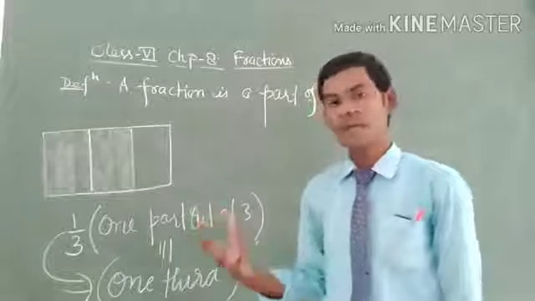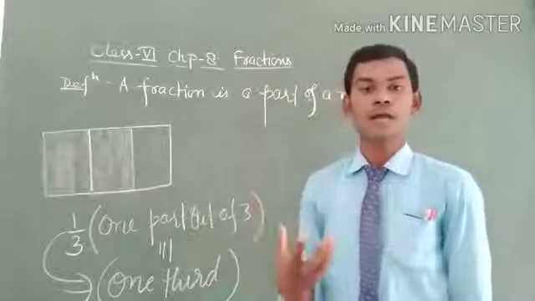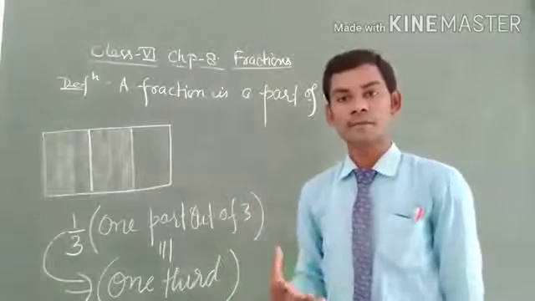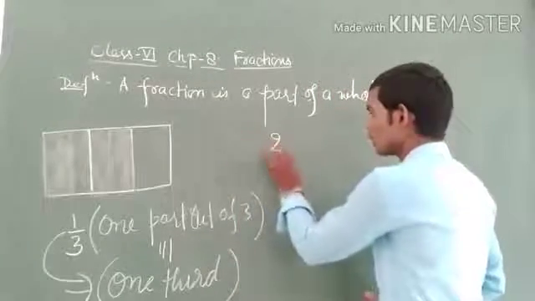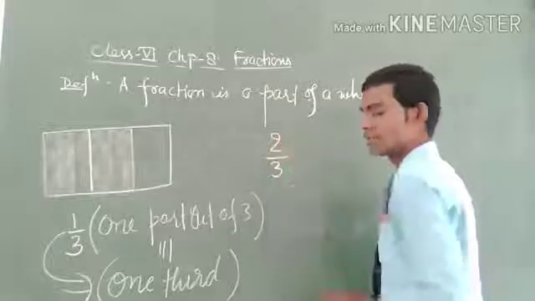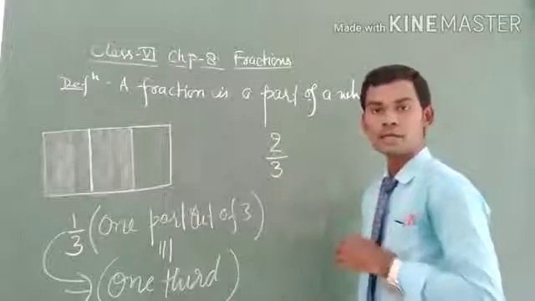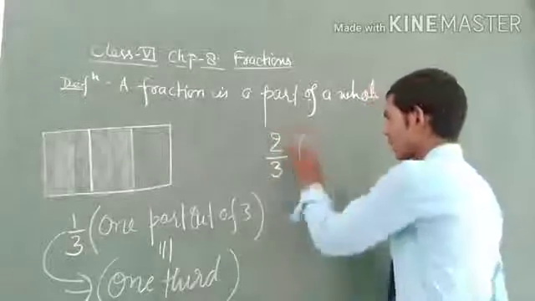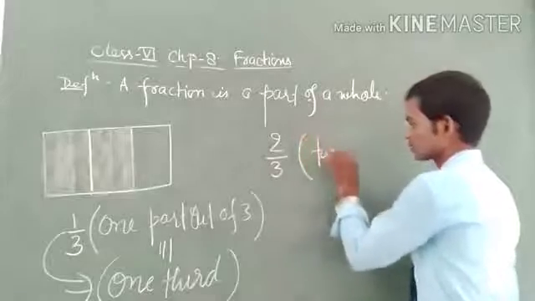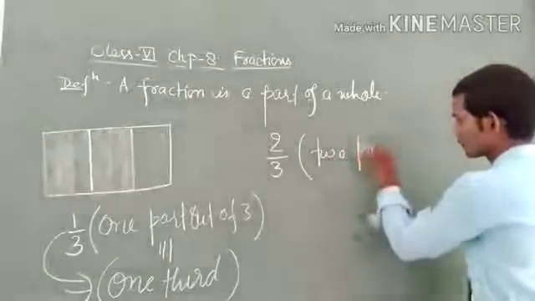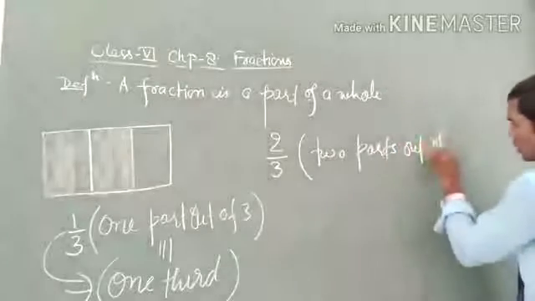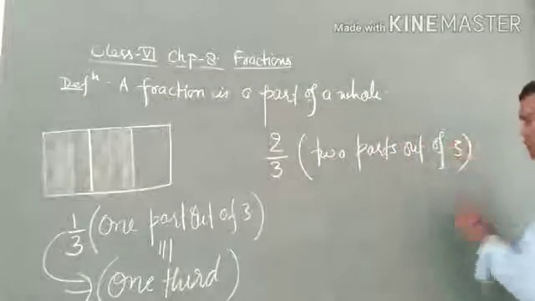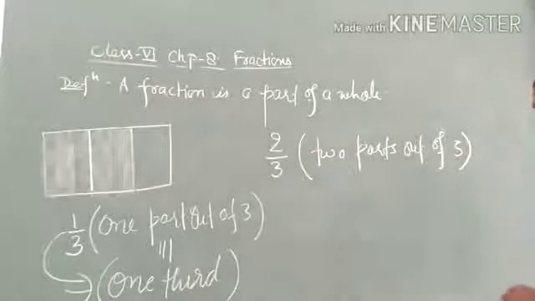So here we have taken two parts out of three. So we write 2 upon 3, or we say 2 by 3, and here we write 2 parts out of 3.